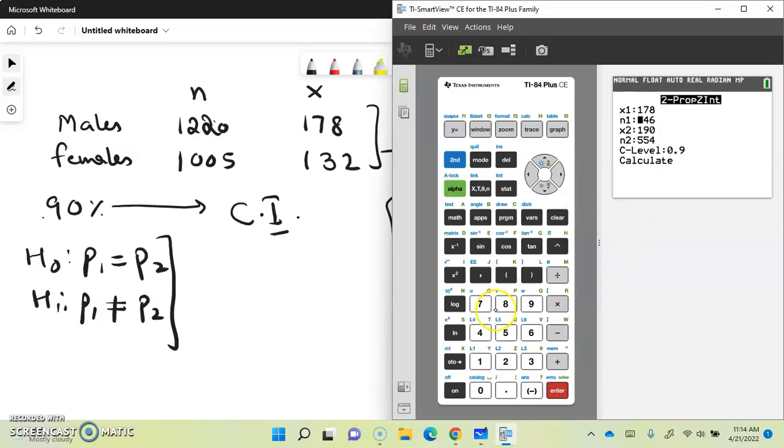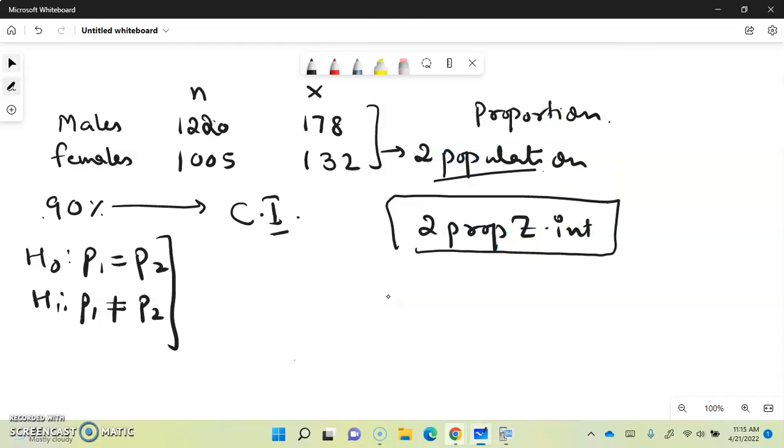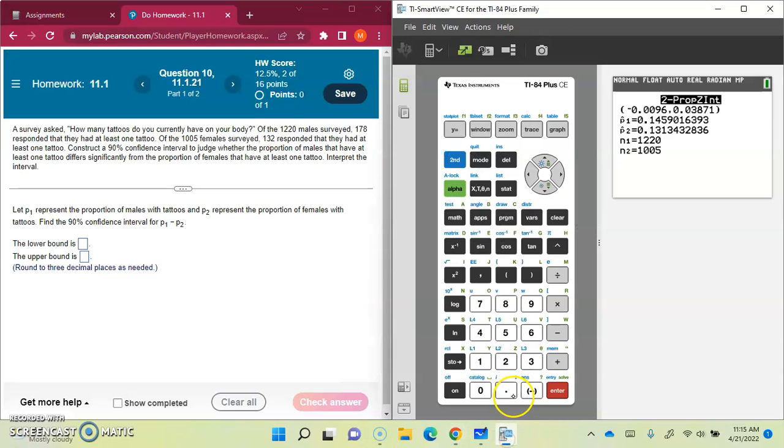Total number of males surveyed were 1220. X2 is 132, the females who had a tattoo. The total number of females surveyed were 1005. And the confidence level is 90%, so it's 0.9. That's correct. And press enter. So this is your confidence interval. That's what you need to enter on your homework.